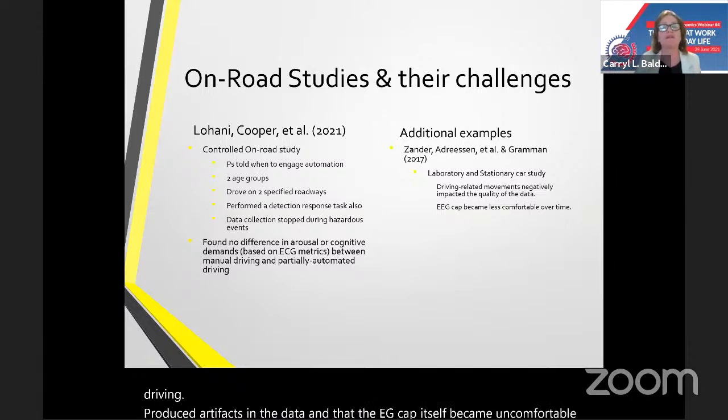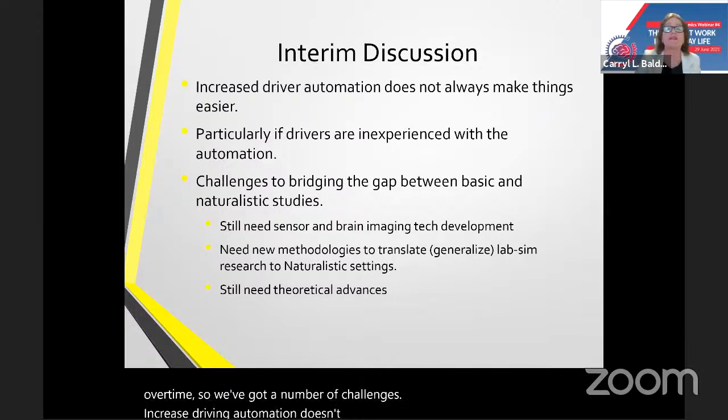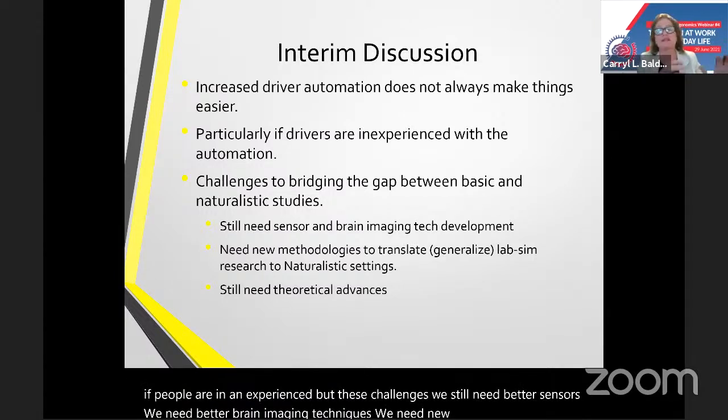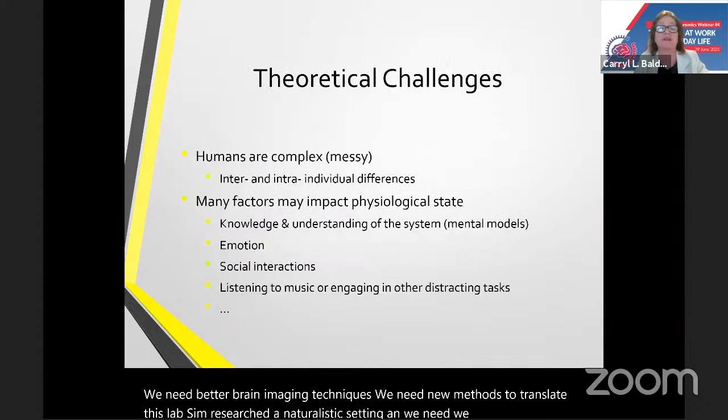So we've got a number of challenges. Increased driving automation doesn't always make things easier, particularly if people are inexperienced. We still need better sensors, better brain imaging techniques, new methods to translate this lab simulation research to naturalistic settings, and we still need theoretical advances.